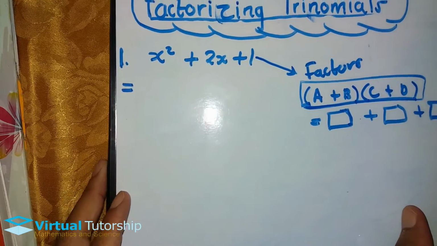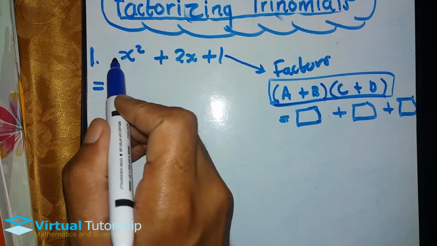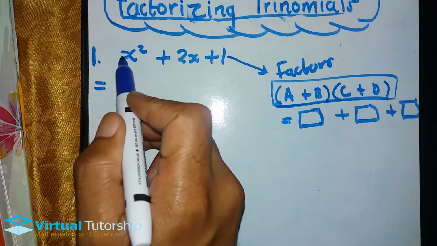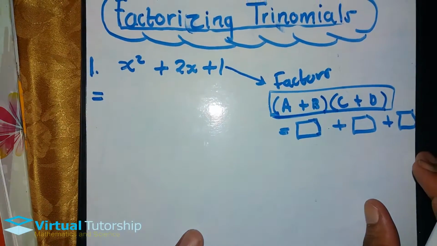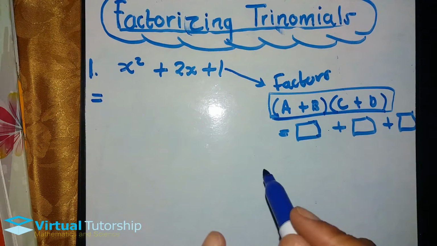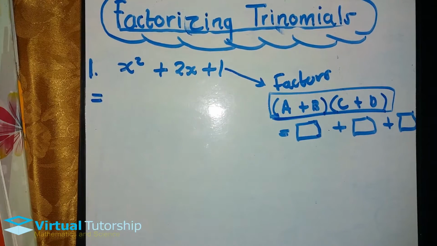After using the distributive law, I get this trinomial, but when factorizing trinomials we want to know which binomials, or factors, we multiply to get this trinomial.